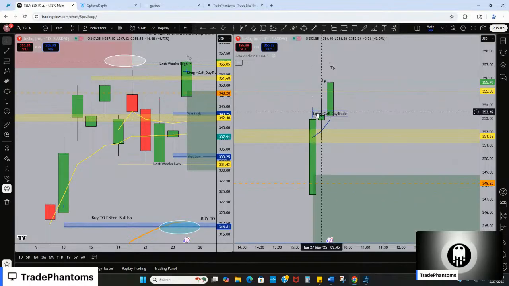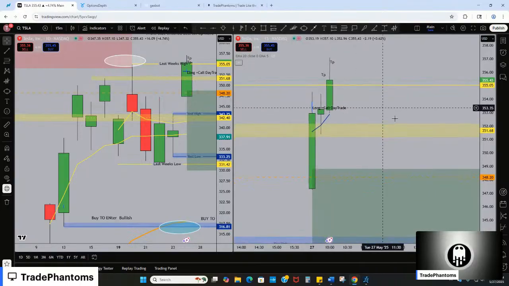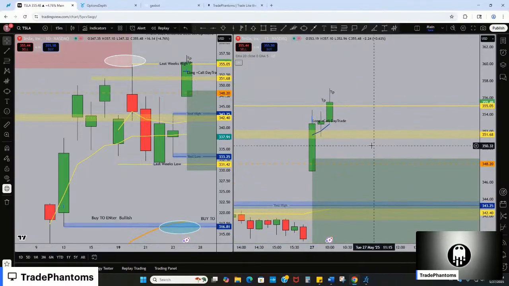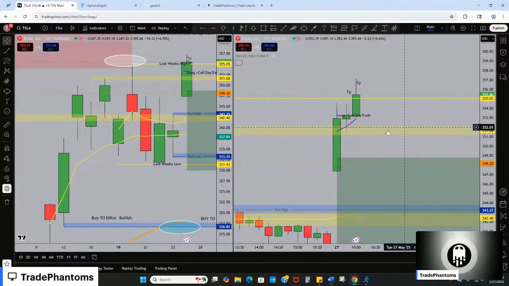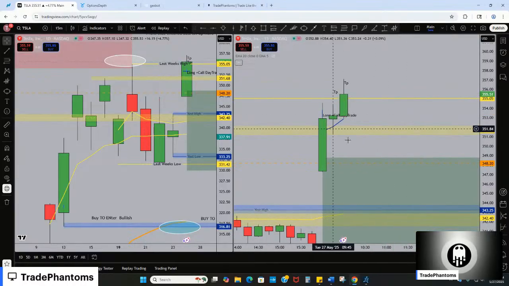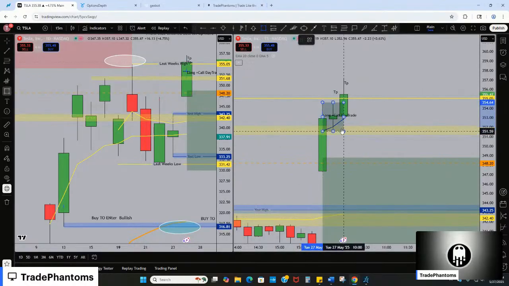Then a small body range holding the upper third, and then break up for a 1, 2, 3 go pattern. So good job, Jason. Tesla was floating down a little bit, holding its upper third range against that wide range bar off 15. Then we got a pop, 1, 2, 3 go, TP, TP, TP.